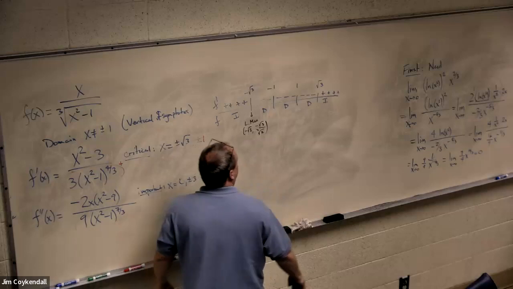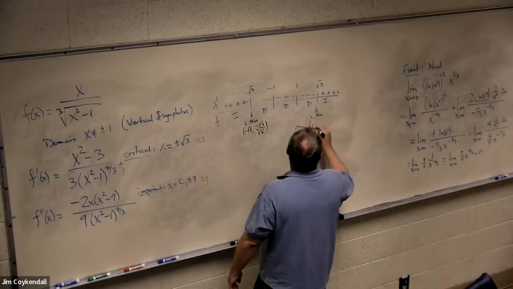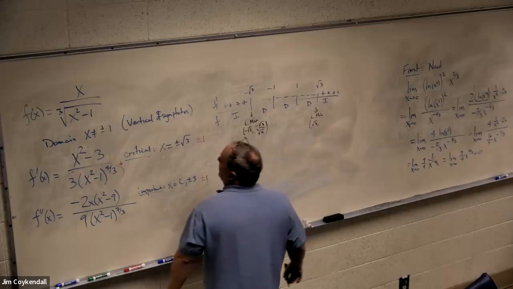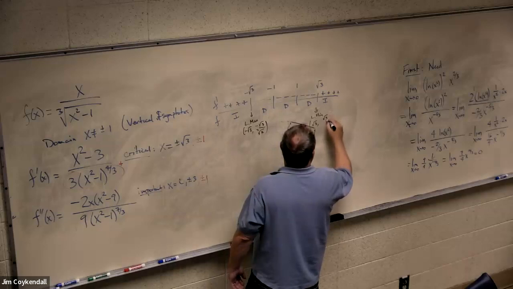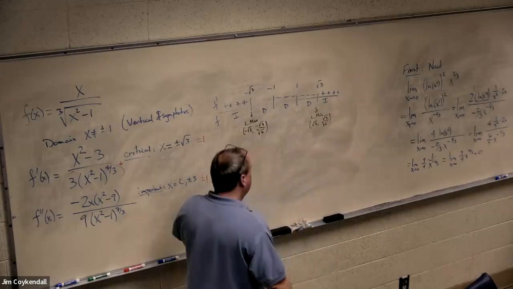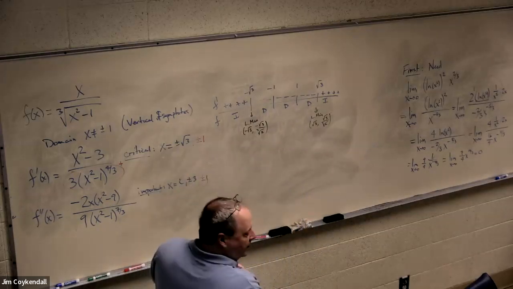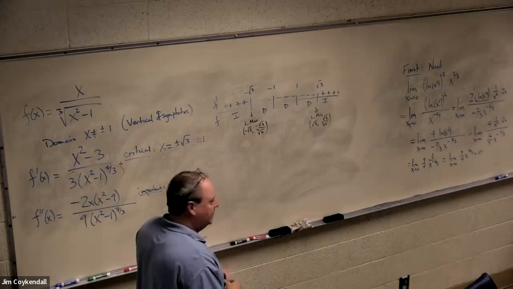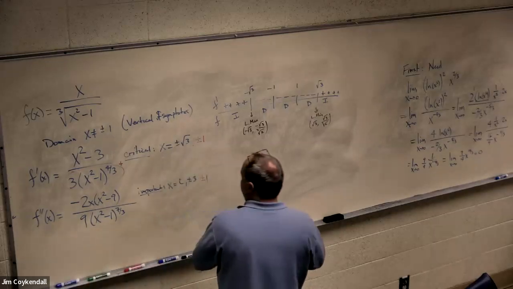Everybody's favorite number. And I get a local min when I plug in radical 3 over the cube root of 2. I don't care about scales. So I know that I get a max and min, a couple of asymptotes, it looks like. All right, so how about the second derivative?